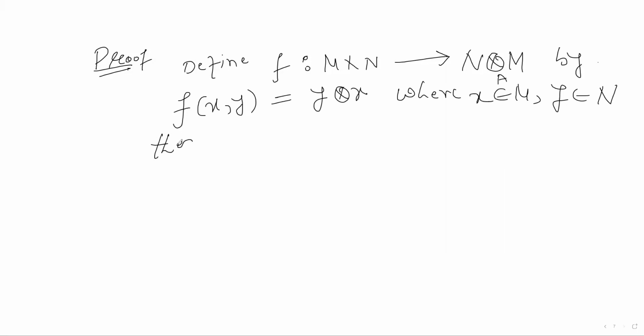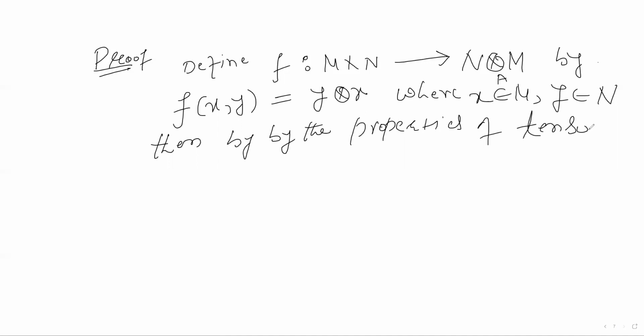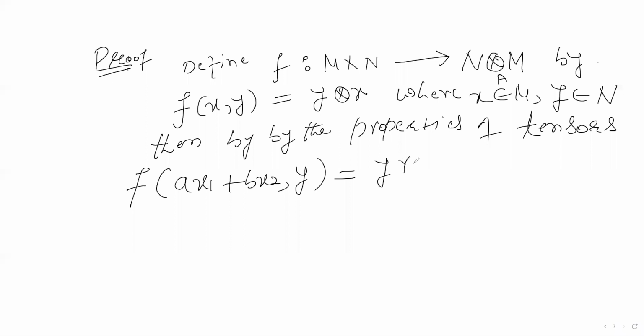By the properties of monomial tensors, if I take F of (a x1 plus b x2, y), by definition it is y tensor (a x1 plus b x2).